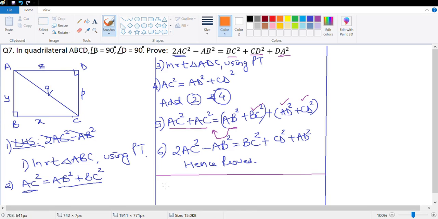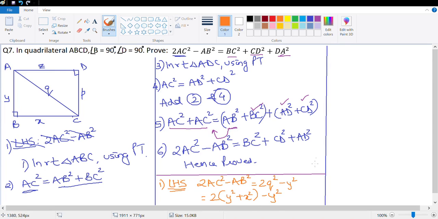So point number 1, we get Q square is equal to, let's see, what is on the left hand side? Left hand side is 2 AC square minus AB square. So this is equal to 2 times Q square minus AB square, which is Y square. BC square is X square. So this will be equal to 2 times Q square minus Y square plus X square minus Y square.